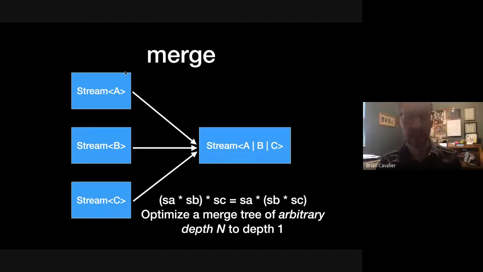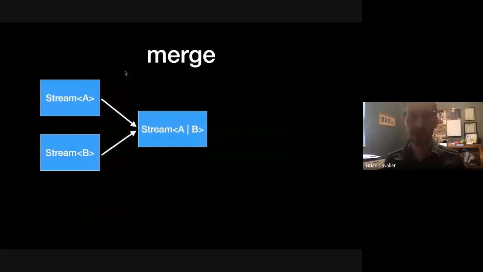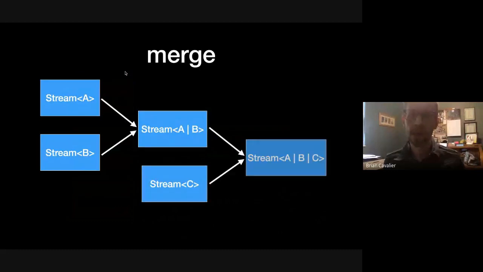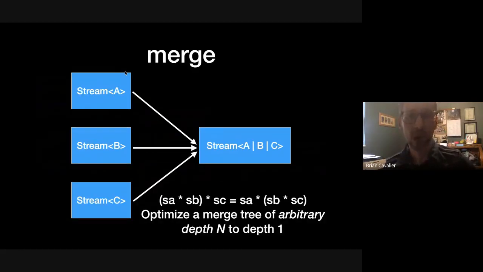So in the previous slide, events of type A have to flow through this middle node of stream AB to get to the stream ABC, and then finally get to the next step. But in this graph, they only have to flow through one node, the stream ABC node.